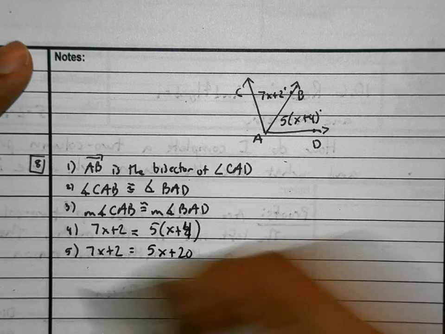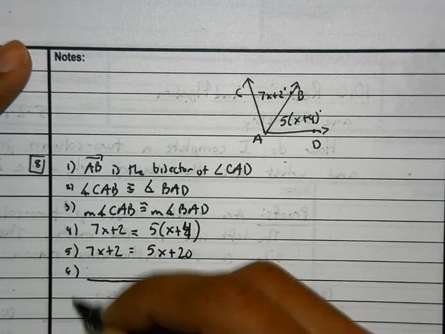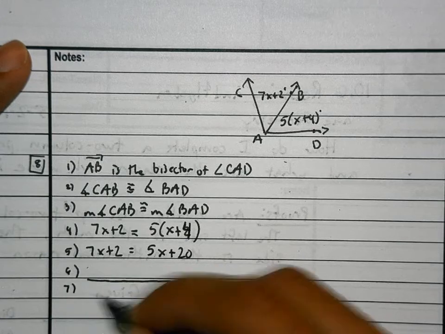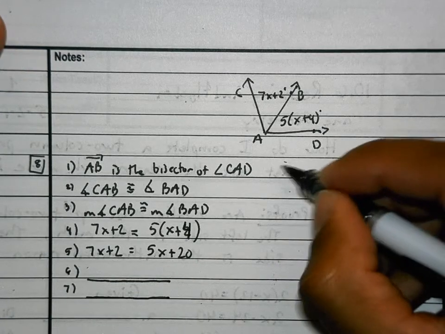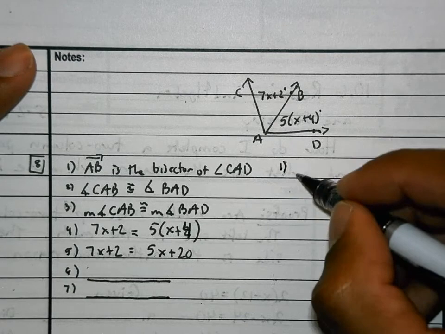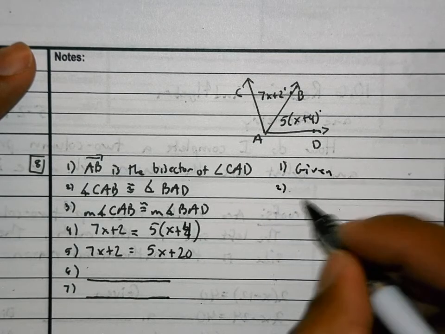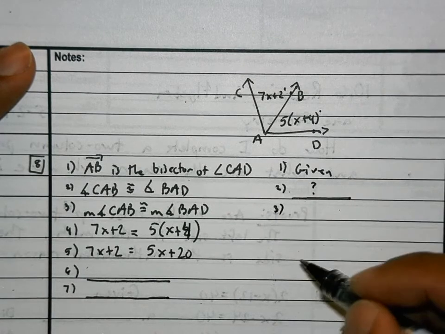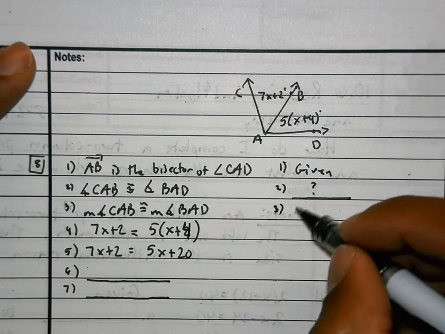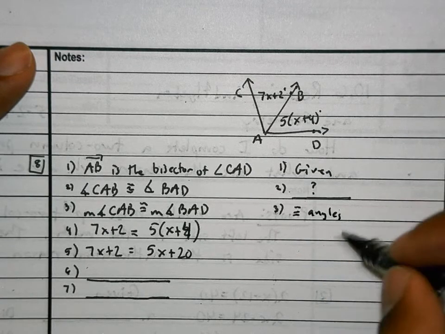Number 6 says blank. Number 7 says blank. Your reason on number 1 is given. Number 2, blank with a question mark. Number 3, congruent angles have equal measures.